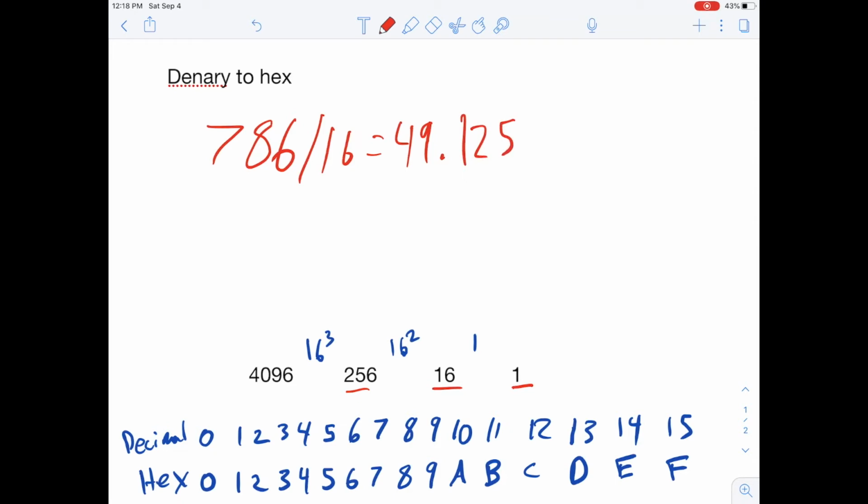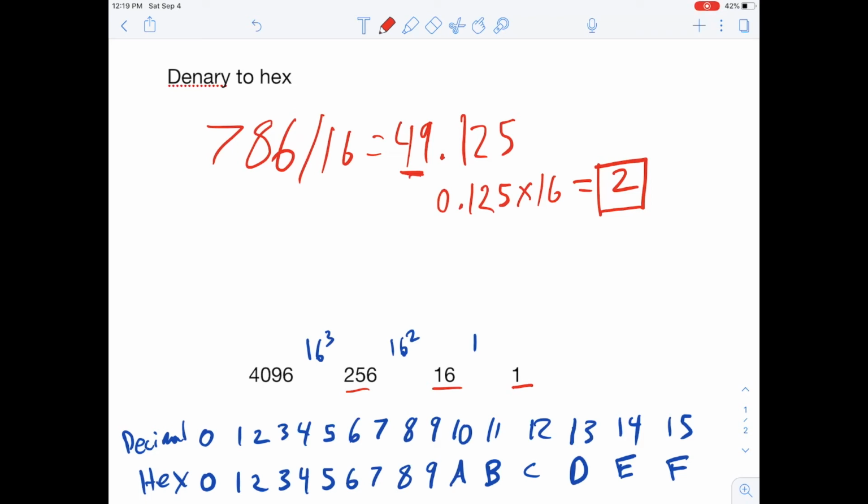Now, I don't want this decimal point, I want the remainder. So I am going to take this 0.125 and multiply that by 16 so that I can get the remainder. And the remainder is going to be equal to 2. So basically, 786 divided by 16 is equal to 49, remainder 2. So this 2 right here is going to be my first digit.